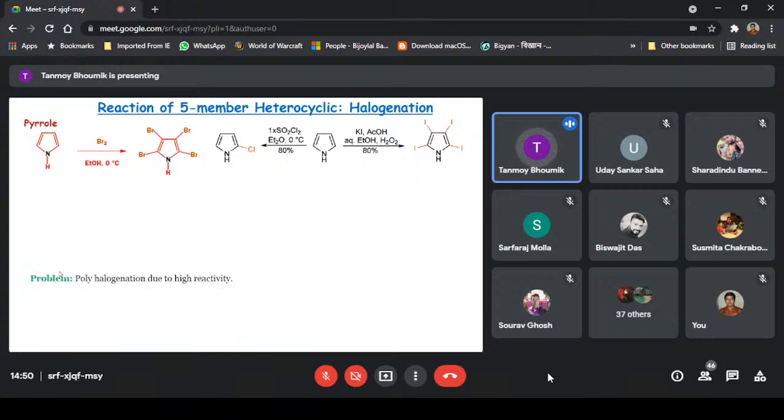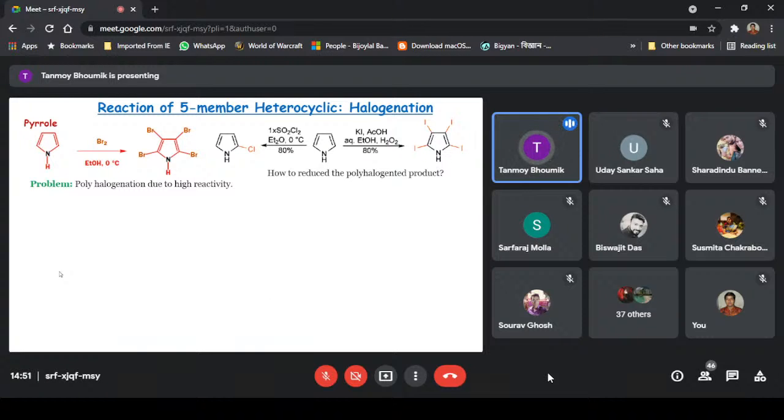In this case there is polyhalogenation due to the high reactivity. After the bromination, the reactivity of the product is greater than the starting material, and that is why the product participates in the aromatic substitution reaction again. How do we reduce the polyhalogenated product?